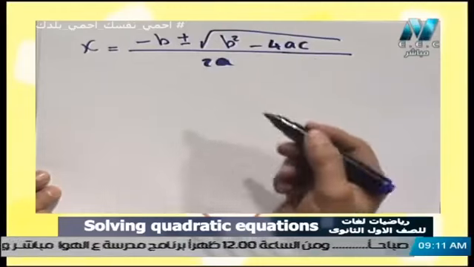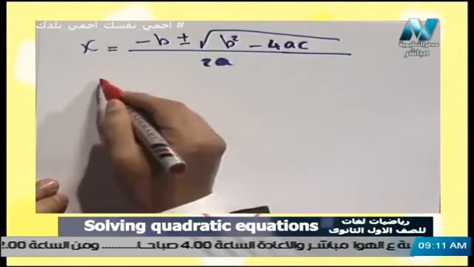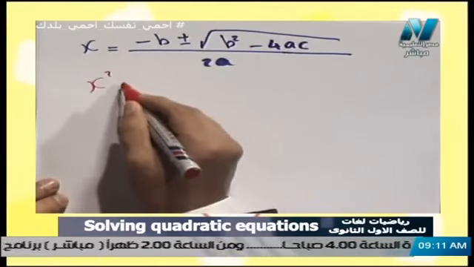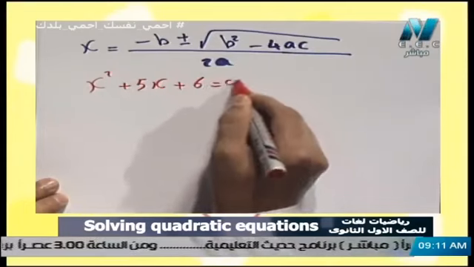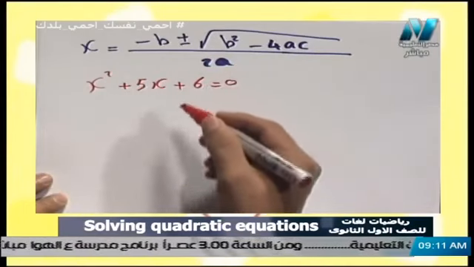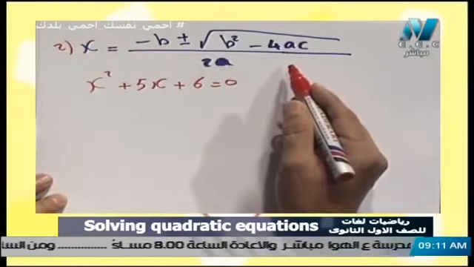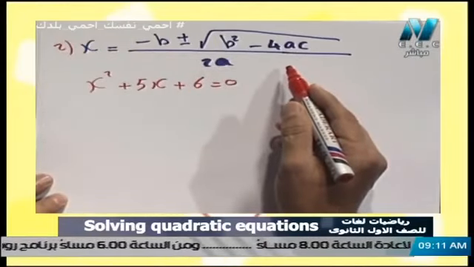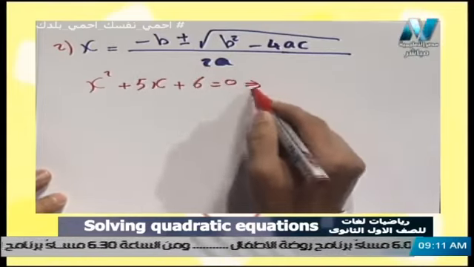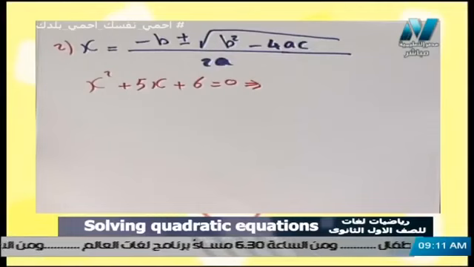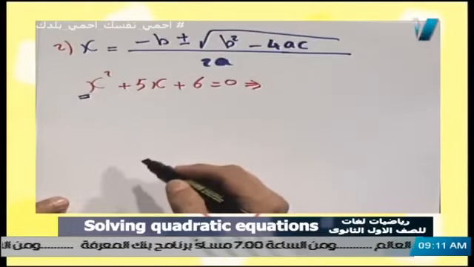What are a, b, and c? We will write the equation again. The equation is x power 2 plus 5x plus 6 equals 0, and we intend to solve it by the second method, which is the general formula. Here we have a. A here is the coefficient of x power 2.